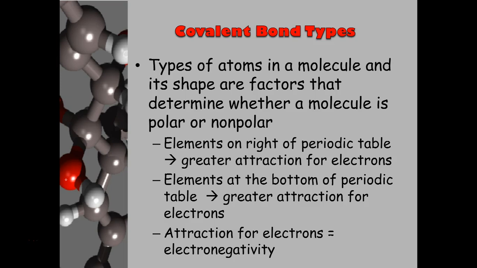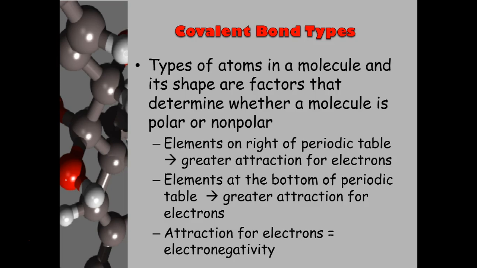So why do I end up with these partial charges, these polar covalent molecules in some cases? It really comes from the ability that is inherent to each atom or to each element on the periodic table, something we talk about as electronegativity.